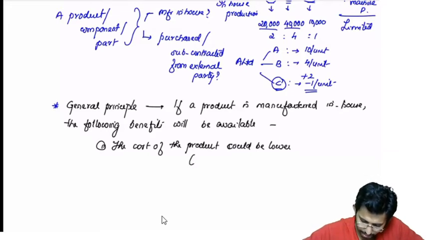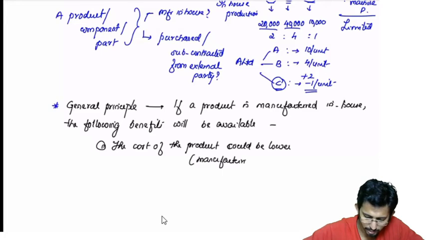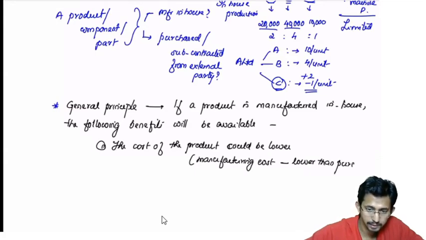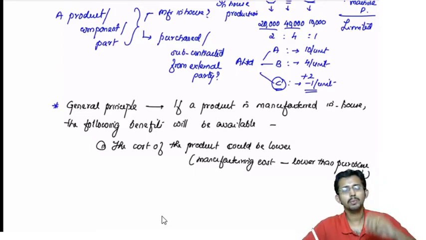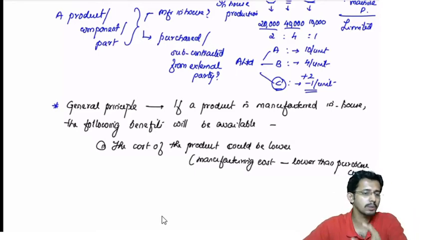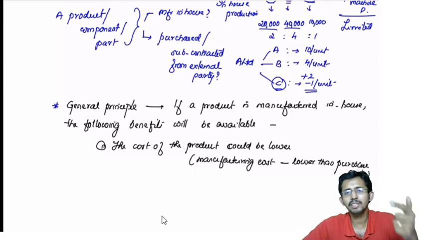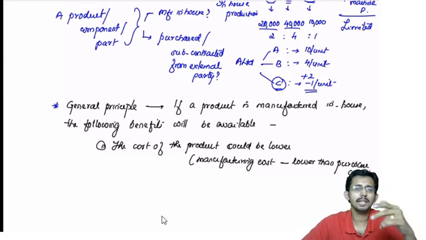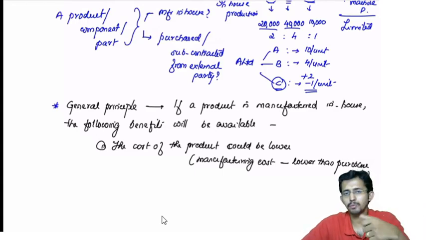Because manufacturing cost is generally lower than purchase cost. Why is it so? Because when you purchase a product from the outside market, you need to give the margin to the seller also. So naturally, the seller will be charging a premium price from you.